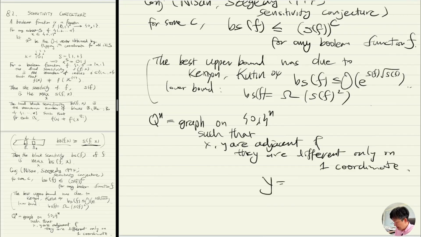In other words, y is equal to x with the i-th coordinate flipped, for some i. Then this is called the hypercube, or sometimes simply called the cube.